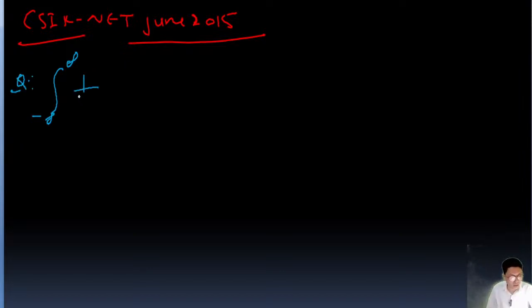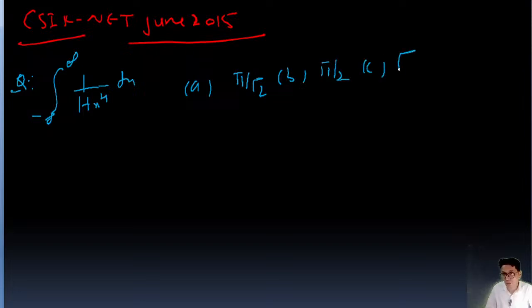The question is the integral from minus infinity to plus infinity of 1 upon 1 plus x to the power 4 dx, right? And the options given are: option A is pi by root 2, option B is pi by 2, option C is root 2 pi, and option D is 2 pi. So we have to solve it.